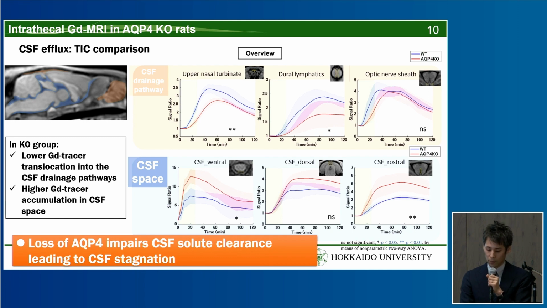The knockout group exhibits a reduced tracer translocation into the CSF drainage pathway compared to that shown by wild type, and consequently, tracer accumulation in the CSF space was observed in the knockout group. We speculate that AQP4 deficiency may impair CSF solute clearance and lead to CSF stagnation.